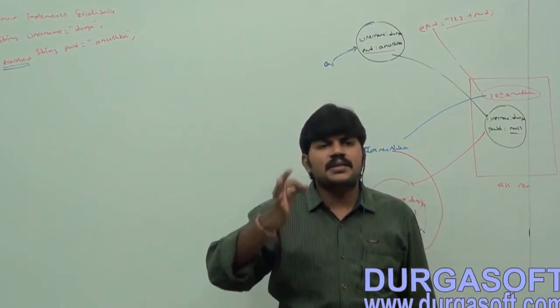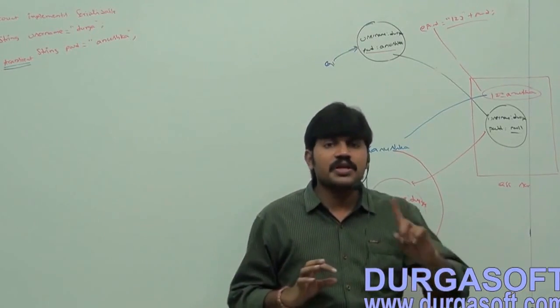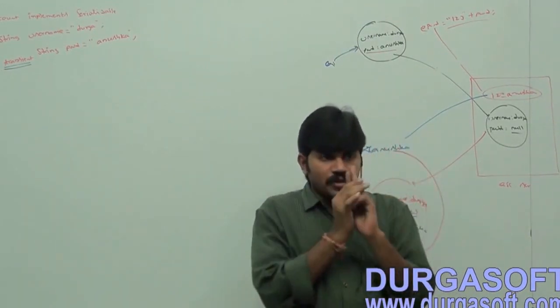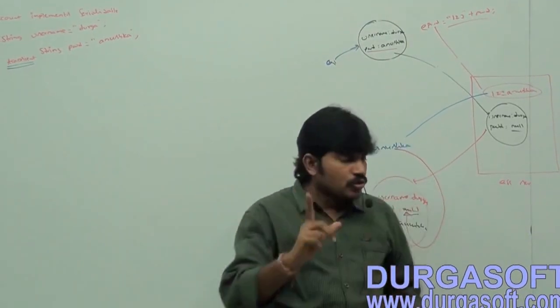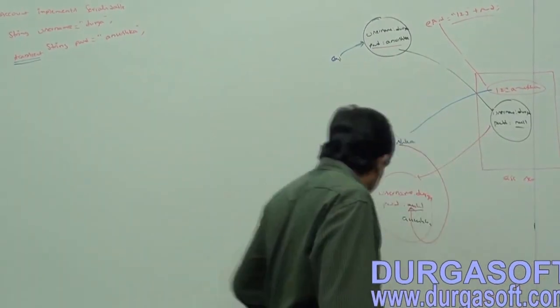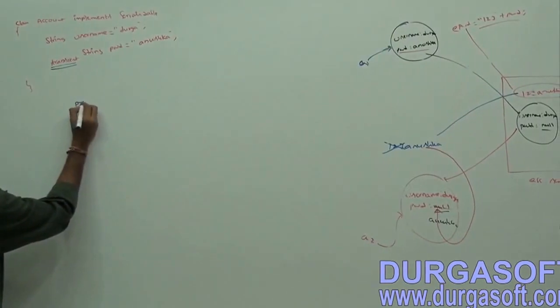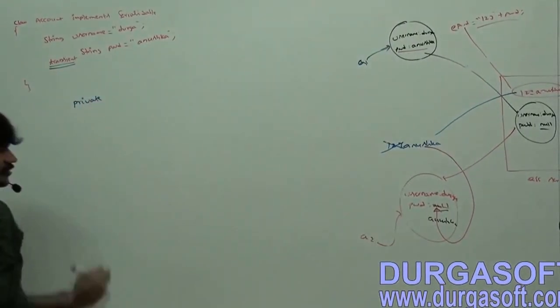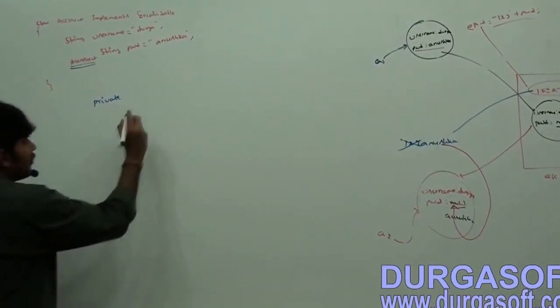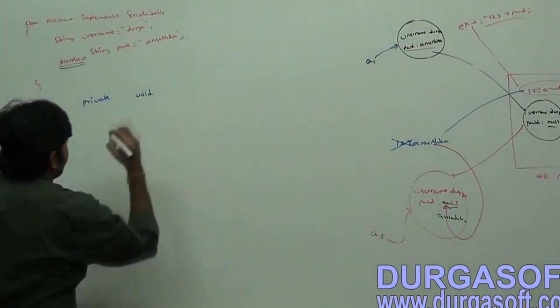Now, the customized serialization concept can be implemented by using 2 methods. What is the first method? Complete signatures are very important. It should be private, and the return type is void.